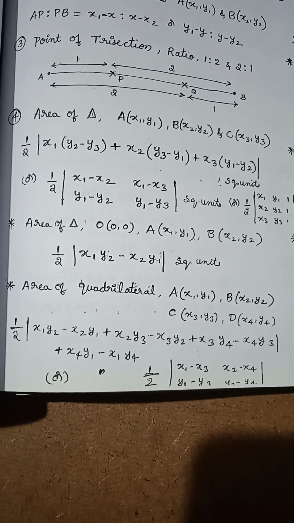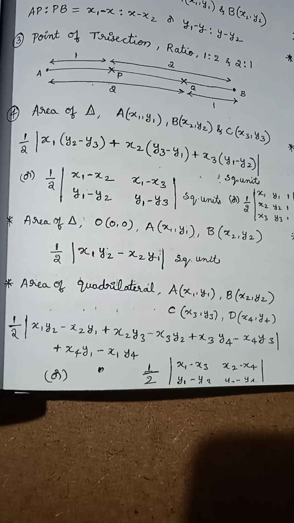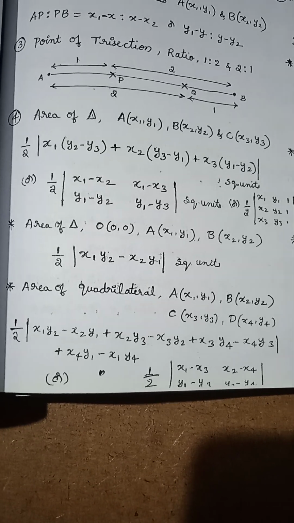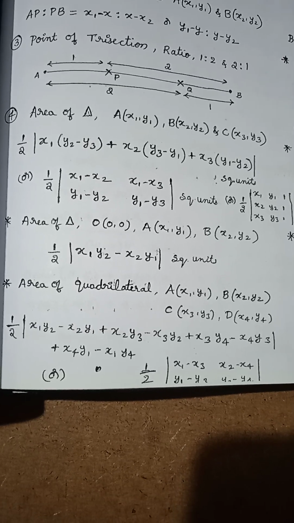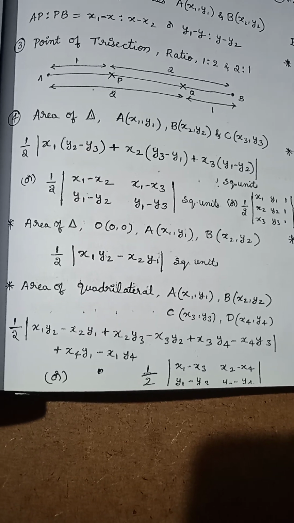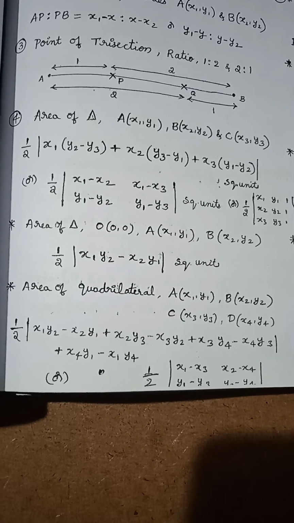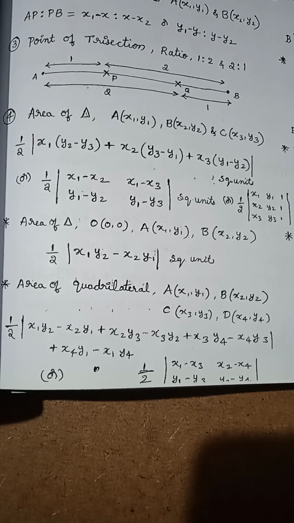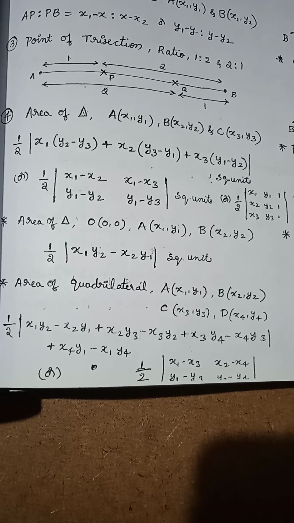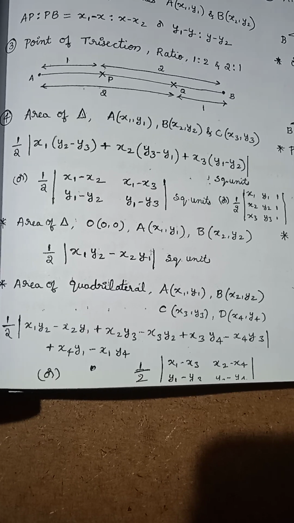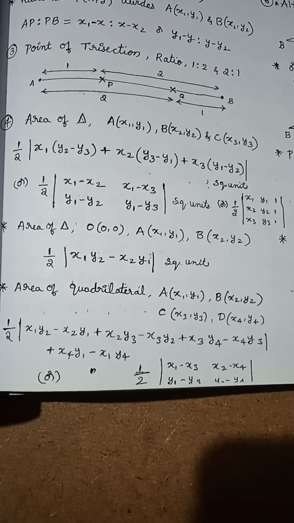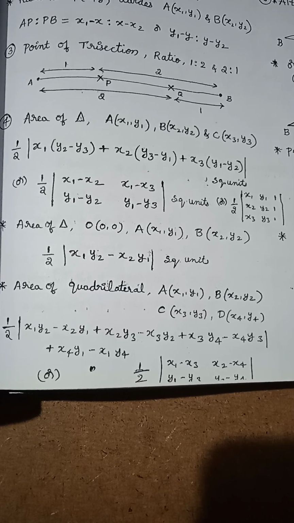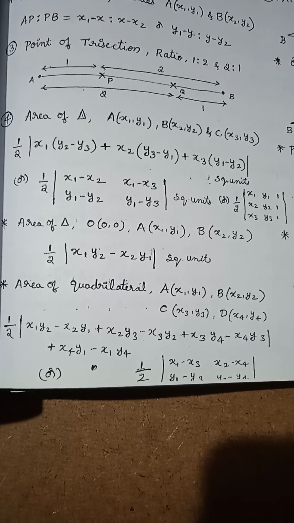All the terms would be xy minus xy plus xy minus xy, and so on. Suffixes would be 1 2 2 1, 2 3 3 2, 3 4 4 3, 4 1 1 4, or simply half of [(x1 minus x3)(y2 minus y4) minus (x2 minus x4)(y1 minus y3)].